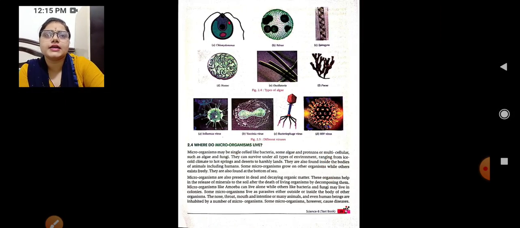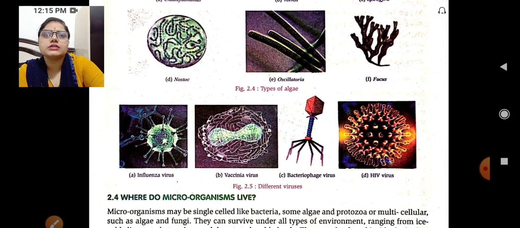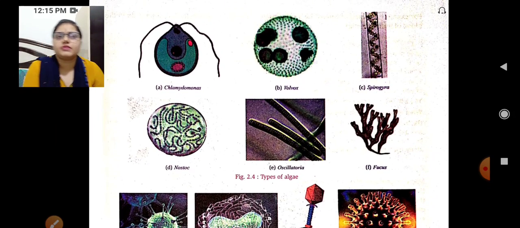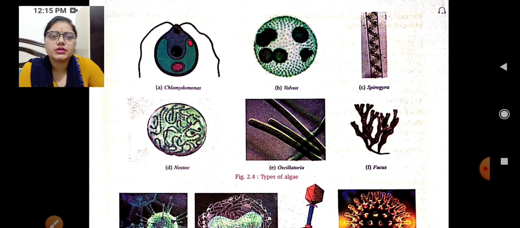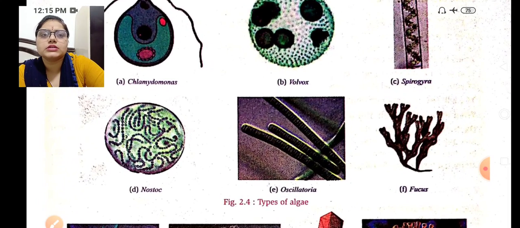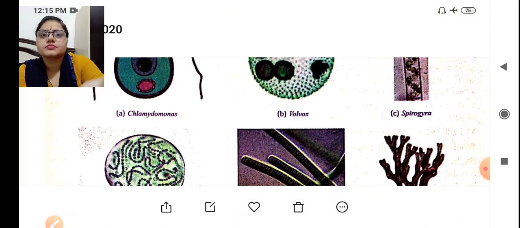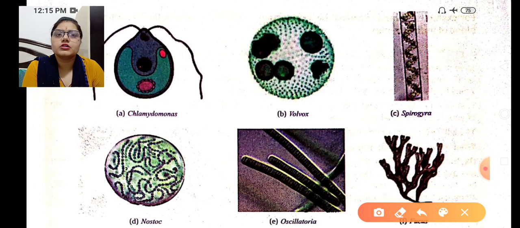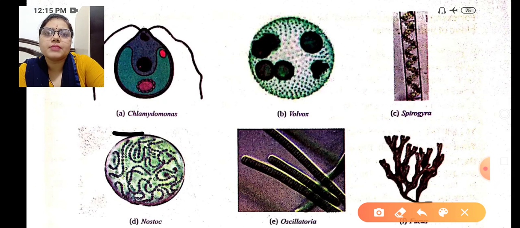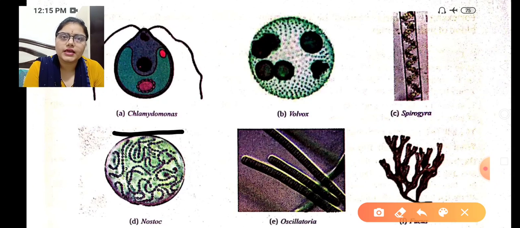Moving ahead with the next one, here are the types of algae and viruses. First we discuss the types of algae. The first one is Chlamydomonas.